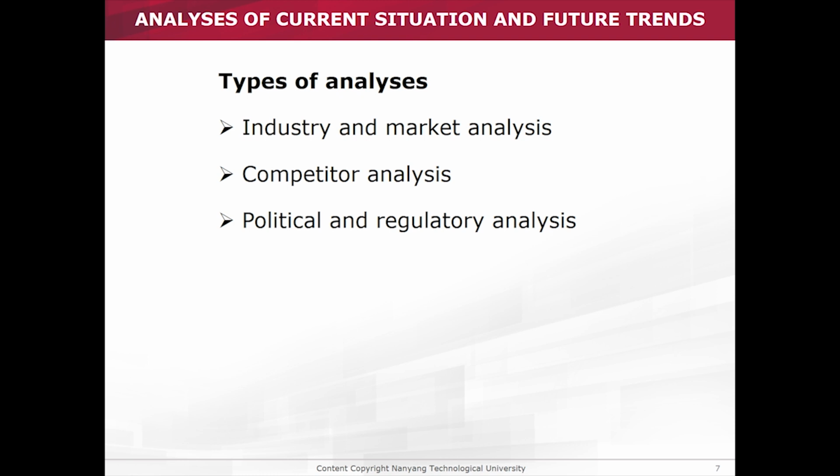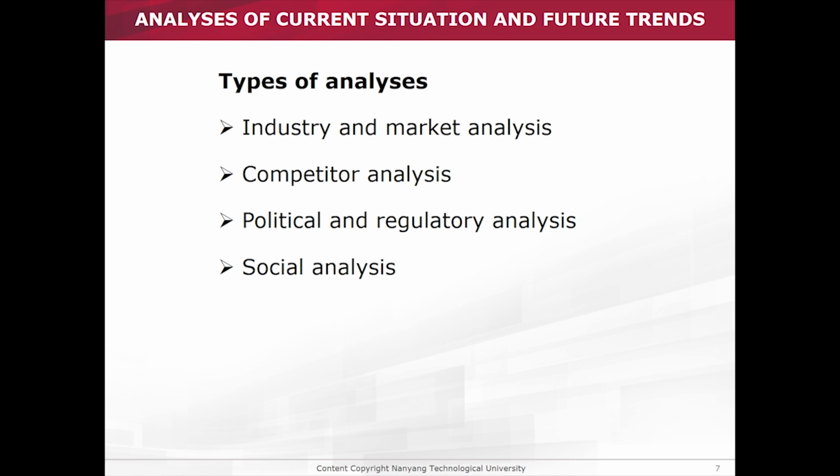Political activity analysis shows the role of organizations and associations in policy making for the industry. Social analysis shows current and potential social issues which may impact an organization and its employees and customers.